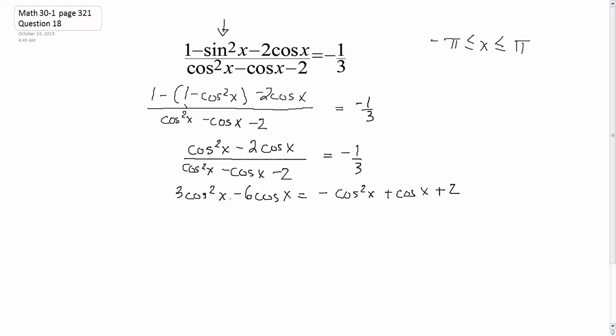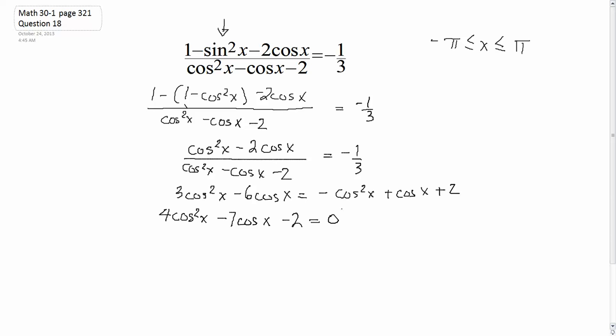We'll bring everything over to one side, so I'm going to add cos squared x to both sides, so that gives me 4 cos squared x. I'm going to subtract cos x from both sides, so I have negative 7 cos x, and then I subtract 2 from both sides. And we can see that now we have a quadratic equation that we're going to solve.